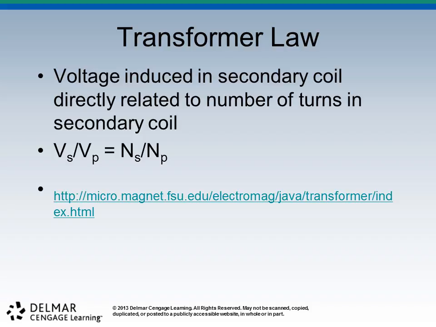To set this up, you just have voltage secondary over voltage primary equals the number of turns on the secondary side over the number of turns on the primary side. So it's secondary over primary on both sides. Just like the inverse square law, we've got something over something equals something over something.